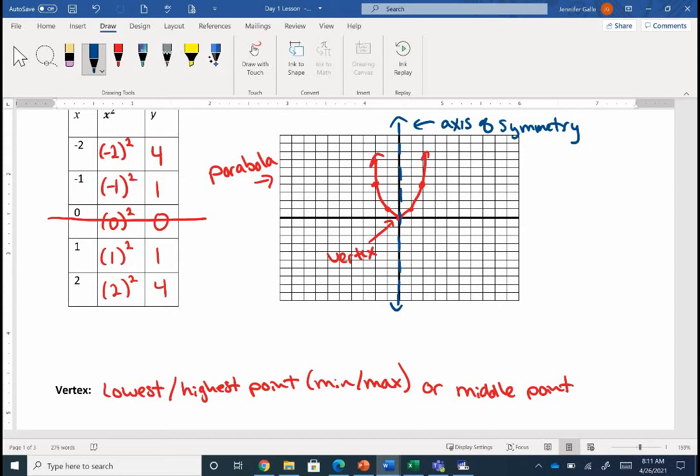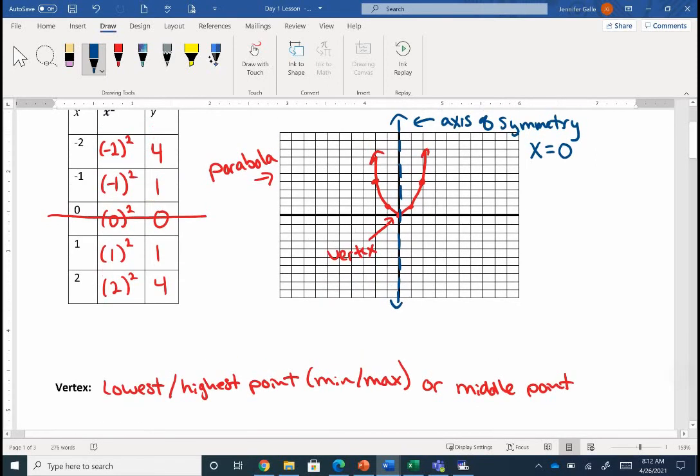Vertical lines, we haven't reviewed graphing those in a while. Vertical lines always have x equals. We reviewed a horizontal line last class and it was y equals. In this case, it's x equals 0, but we will move our graph around today and we will see that number change.